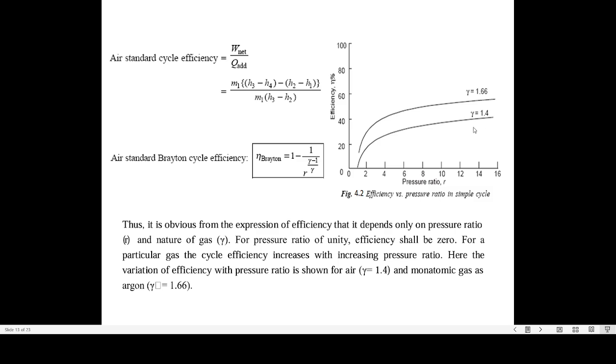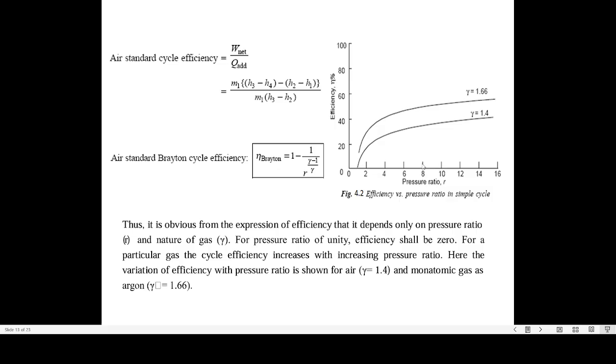So pressure ratio is one parameter. Another parameter is gamma. I have shown here two different curves. One curve is applicable for gamma equal to 1.4, that is air, and another for gamma equal to 1.66, which is applicable for argon.